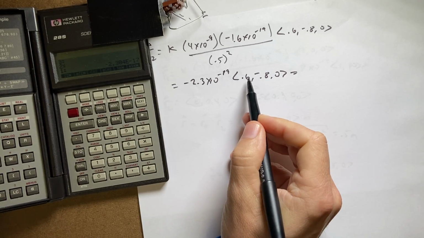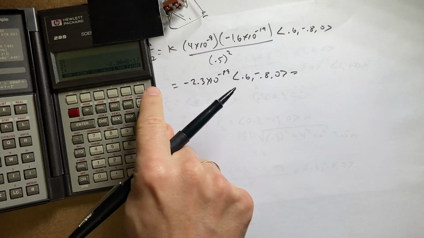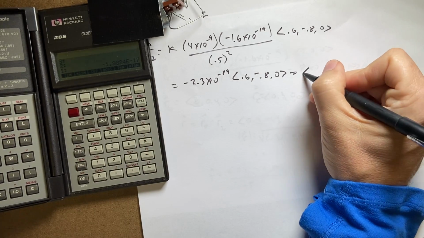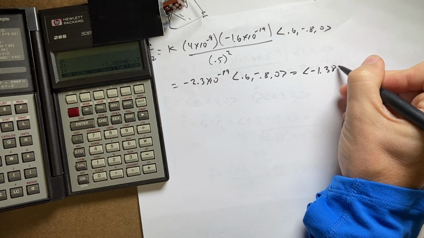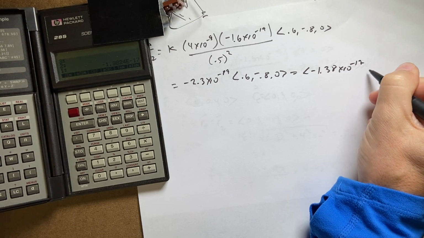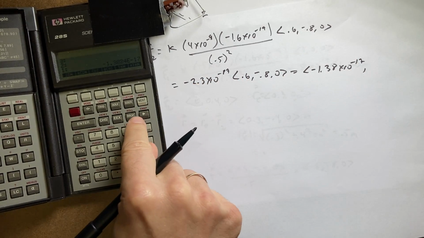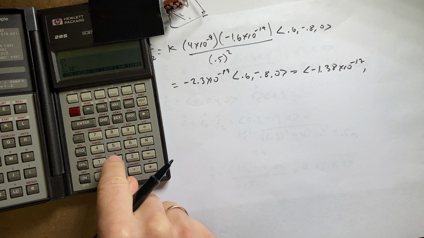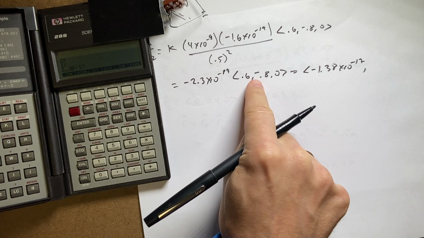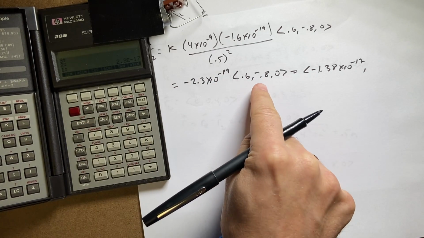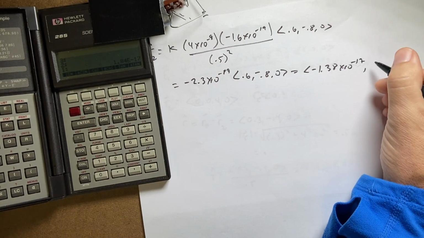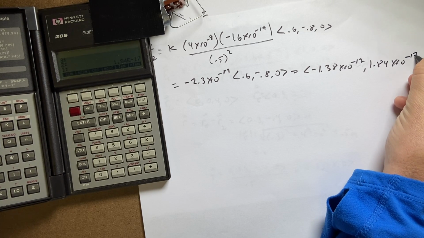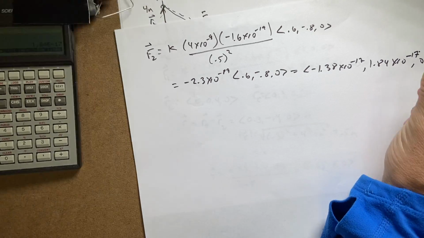So now let's multiply this out into the vector so I get just a vector answer. I'm going to take this times 0.6, and I get negative 1.38 times 10 to the negative 17th. And then I do the same thing, this times that. I get 2.3 times 10 to the negative 17th. The signs are going to make it positive. Enter. And then 0.8 times, and I get 1.84 times 10 to the negative 17th. 0 newtons.